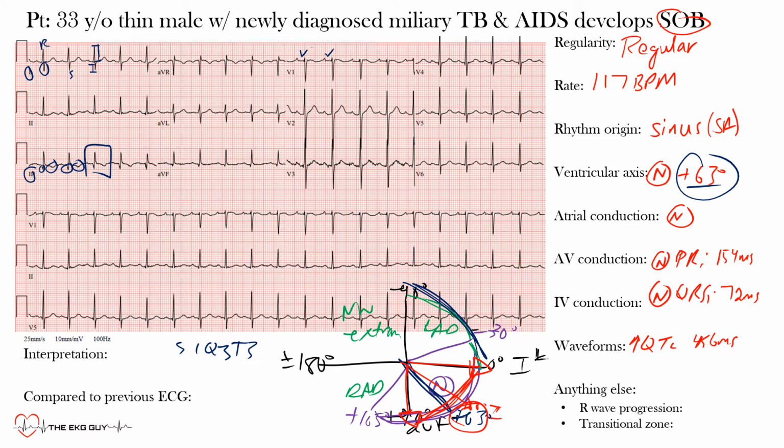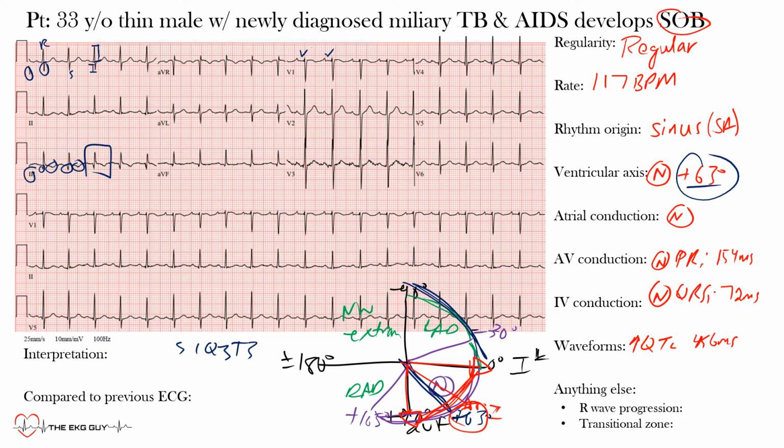Now, P pulmonale, a sign of right atrial enlargement, may be seen, in which there are peaked P waves in lead 2 with a height of 2.5 millimeters or greater. Atrial tachyarrhythmias, such as AFib, atrial flutter, and atrial tachycardia, can also be seen, along with nonspecific ST segment and T wave changes, including ST elevation and depression, which have been reported. So, just a little extra.